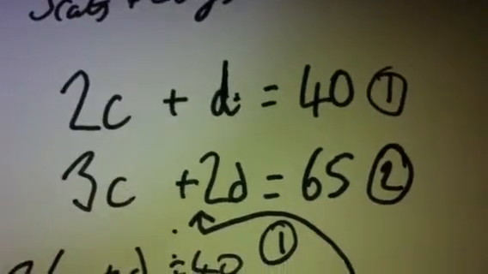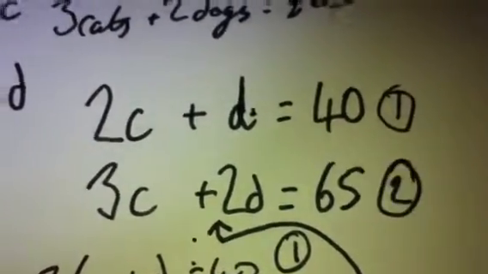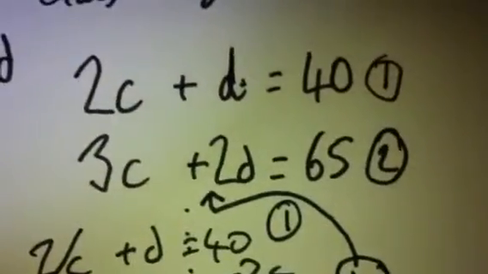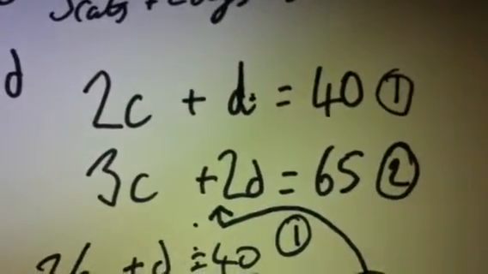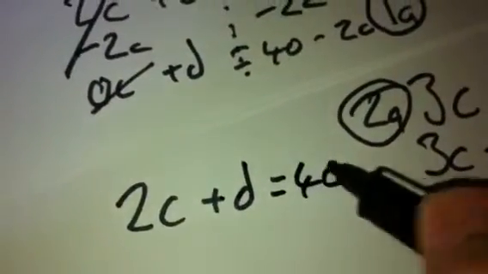Right, let's go back to equation 1. If the price of a cat is 15, what's the price of a dog? Well, we just put the price of a cat back into the equation. So let's rewrite equation 1 and solve it. 2C plus D equals 40. That's equation 1.